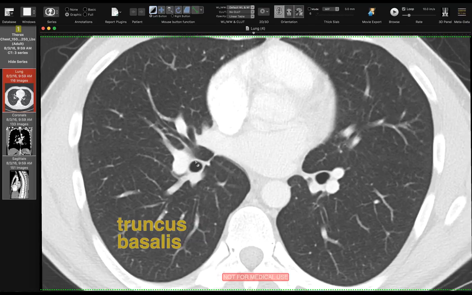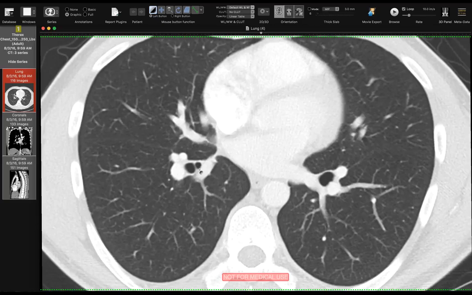The truncus basalis is the branch of the right lower lobe after the superior segment that gives rise to all four of the basilar segments. And the order in which the basilar segments branch can be remembered with the mnemonic MALP, M as in Mary, A, L, P.